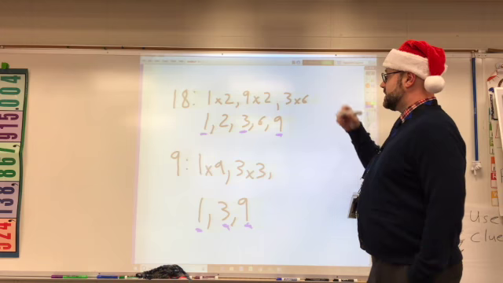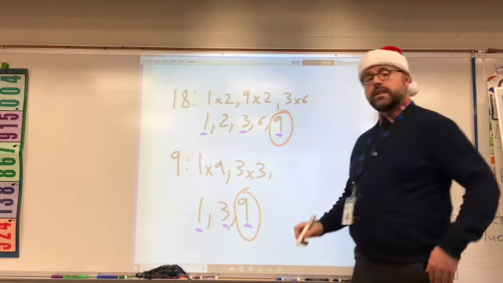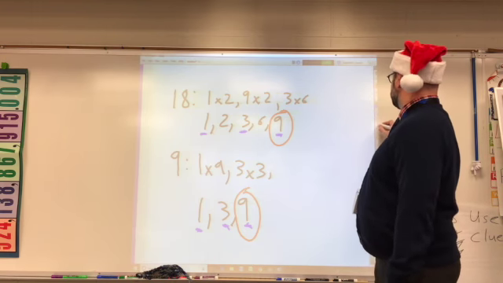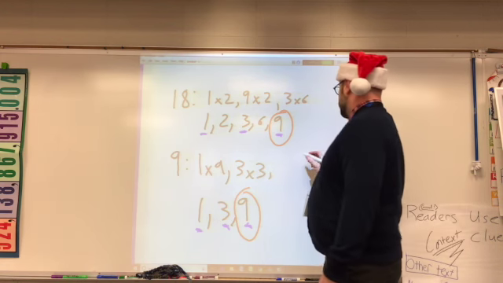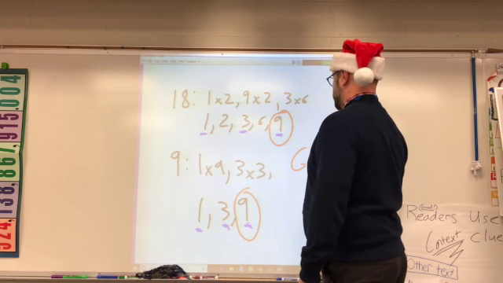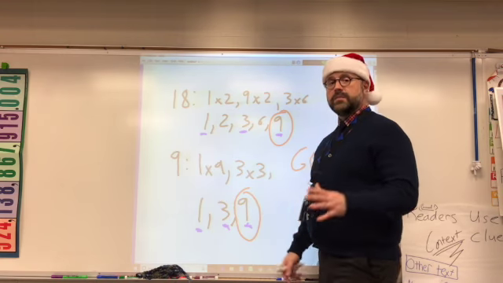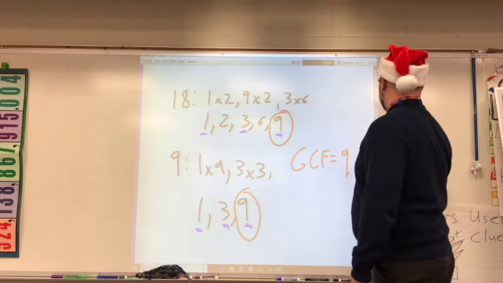The greatest means the biggest. 9. 9 is the biggest number they have in common, right? Nine is the greatest common factor. GCF equals 9. Because yes, they have 1 and 3 in common, but those are not the biggest. The greatest number they have in common is 9.